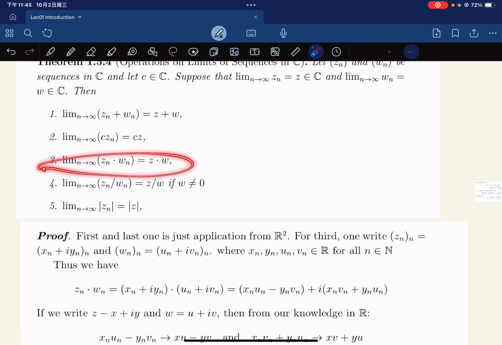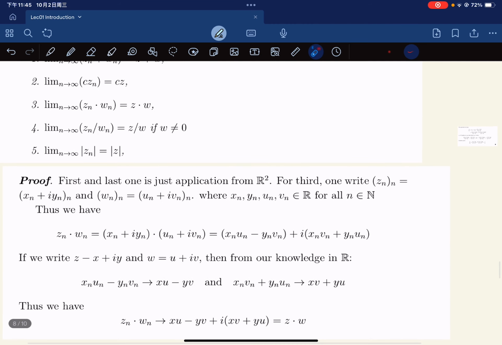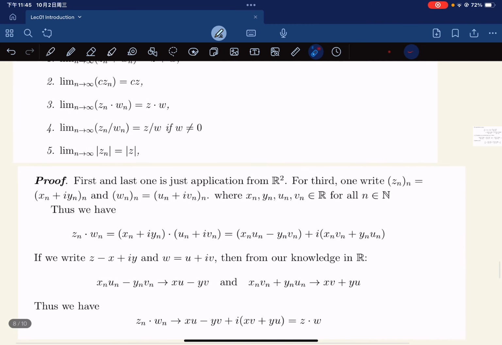So we just prove the third one, do you agree with me? So it suffices to prove the third one. We write z_n as x_n plus i y_n and w_n as u_n plus i v_n, where x_n, y_n, u_n, v_n are real numbers for all n, just for clarity.